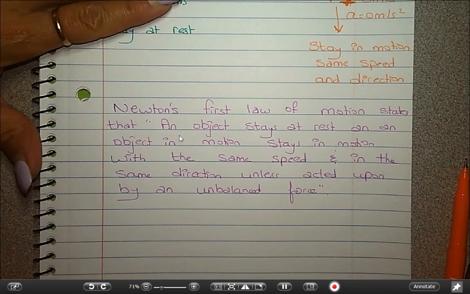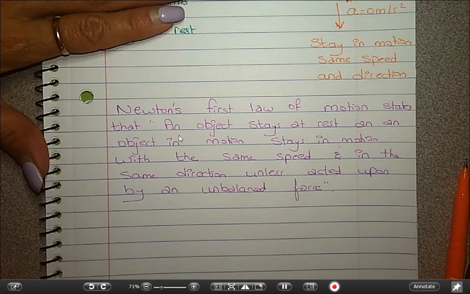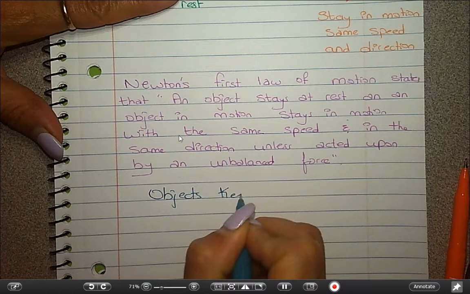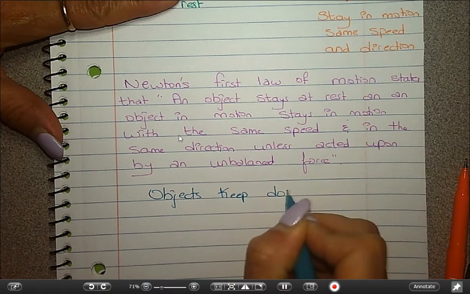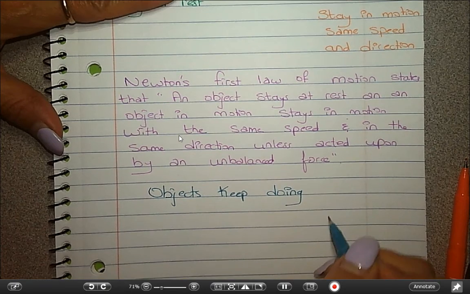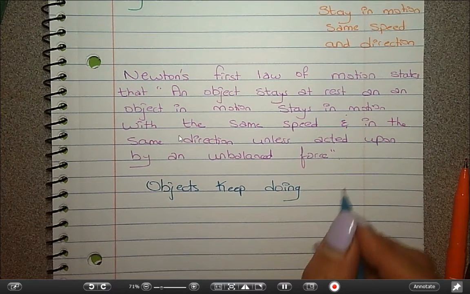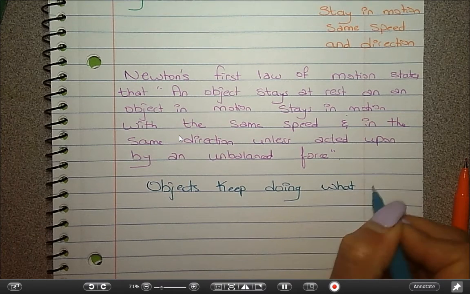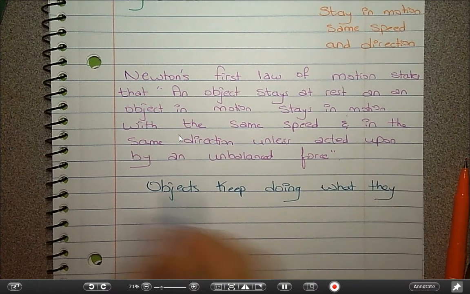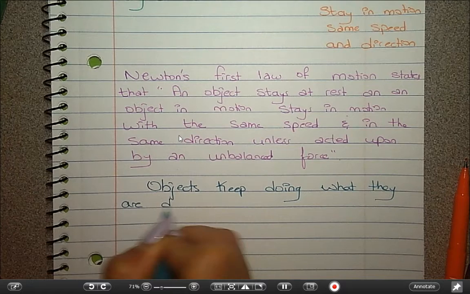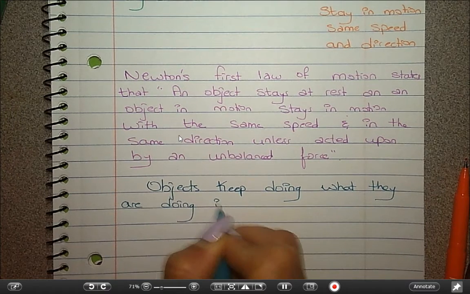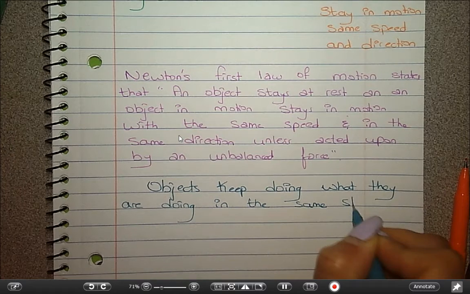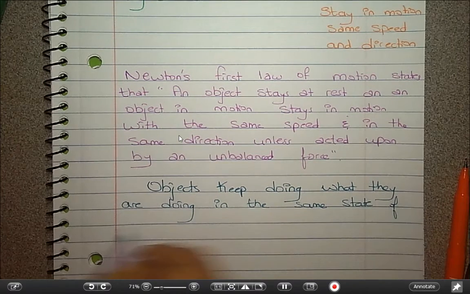So, in other words, objects keep doing what they are doing, in the same state of motion.